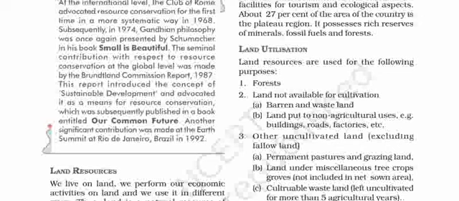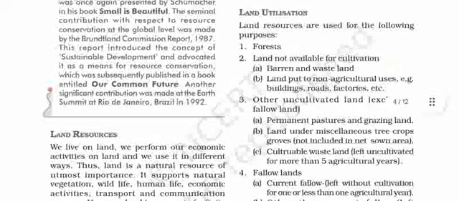Second, land not available for cultivation: barren and wasteland, and land put to non-agricultural uses, for example, buildings, roads, factories, etc. Third, other uncultivated land, excluding fallow land: permanent pastures and grazing land, and land under miscellaneous tree crops and groves, not included in net sown area. Fourth, culturable wasteland, left uncultivated for more than 5 agricultural years.